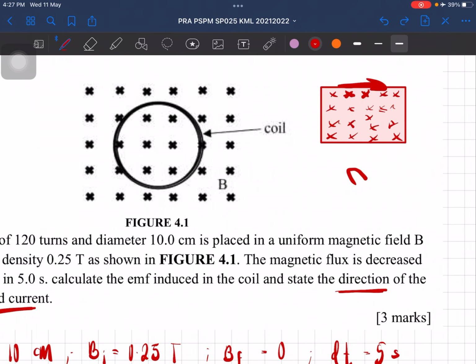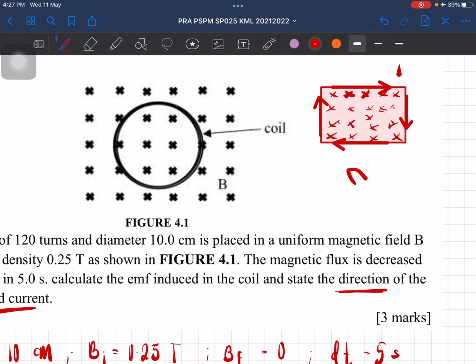So this is gonna be our induced current's direction. Hopefully you can understand. So this is not induced EMF, induced current. Okay, so the direction of the current is based on the other 4 fingers.